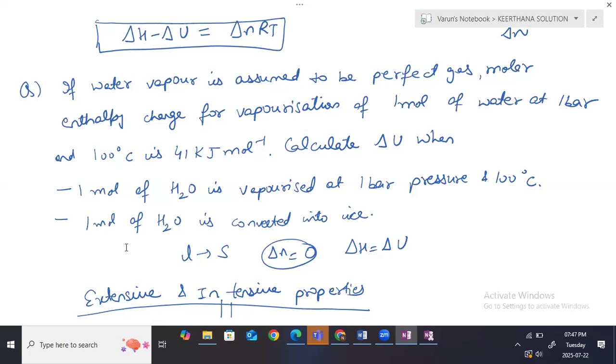Ma'am, what is the answer for the question first one? Exact answer I need to calculate, Kirtana. The values that you have told me now all were correct actually.